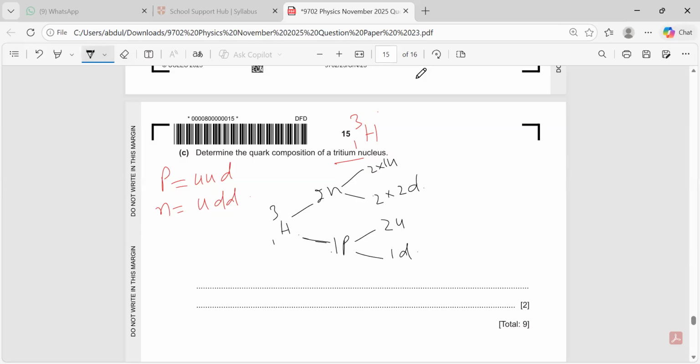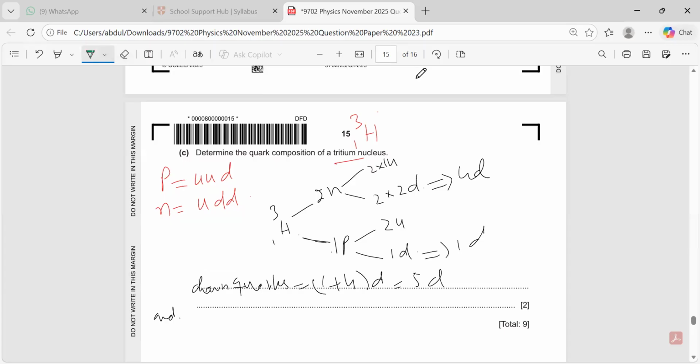Now how many are down quarks, my dear? 2 plus 2 is 4 and 1 is 5. See, 2 into 2 means 4 down here, and this means 1 down here. So 1 plus 4 down, it means 5 down quarks. Okay, and what about the up quarks, my dear sons?